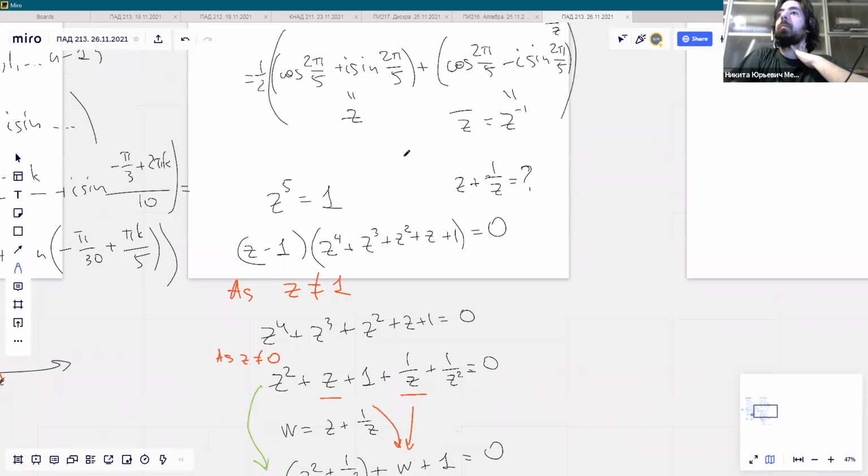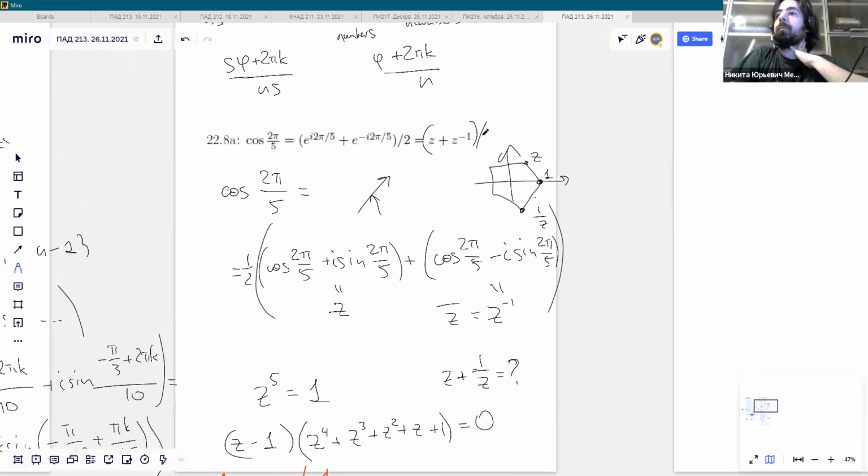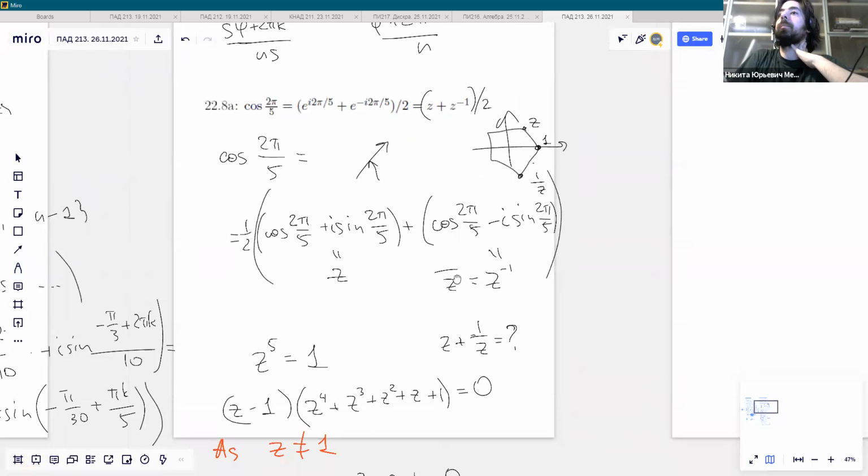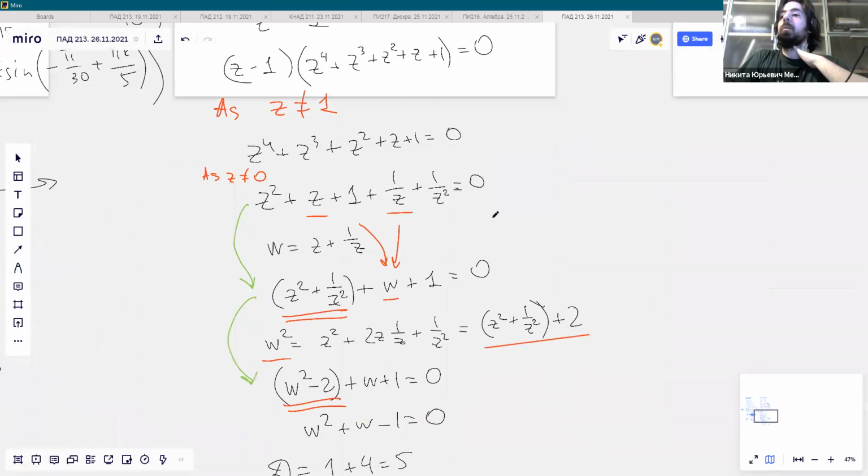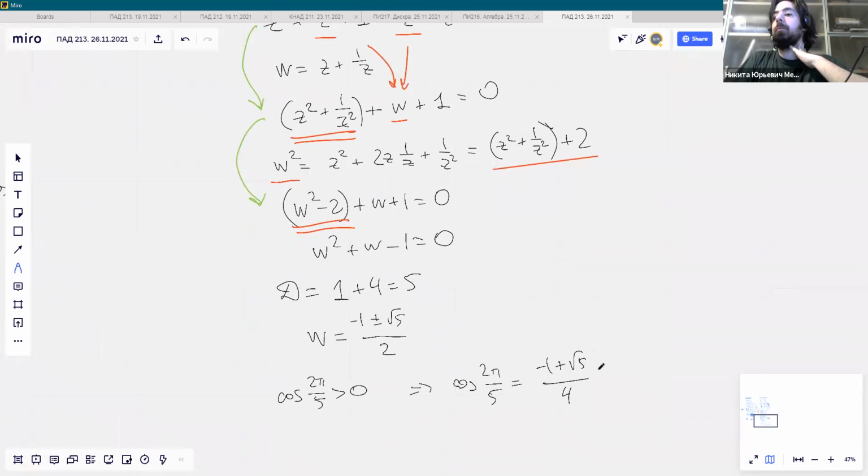So let me make a change. Okay. So that's it. I have found w, I have found my cosine. Very interesting expression for the cosine. It doesn't look like something we know well. So it doesn't look similar to other cosines and sines we know, but still we can find it.